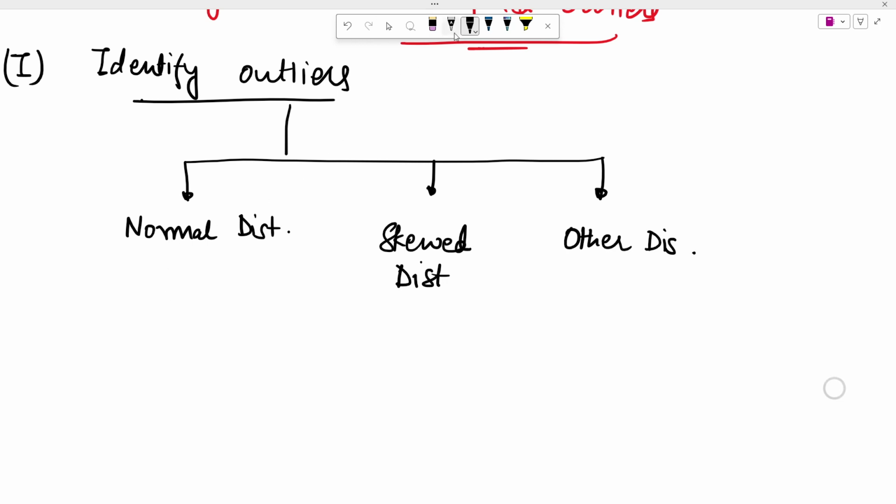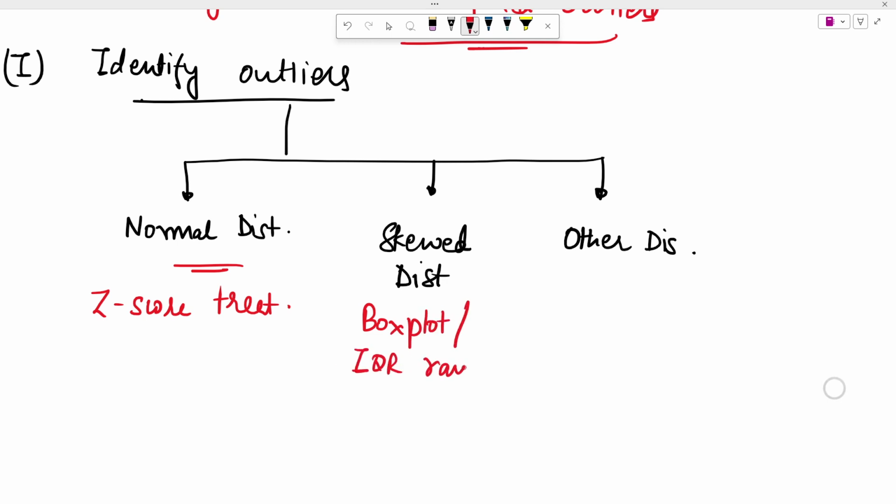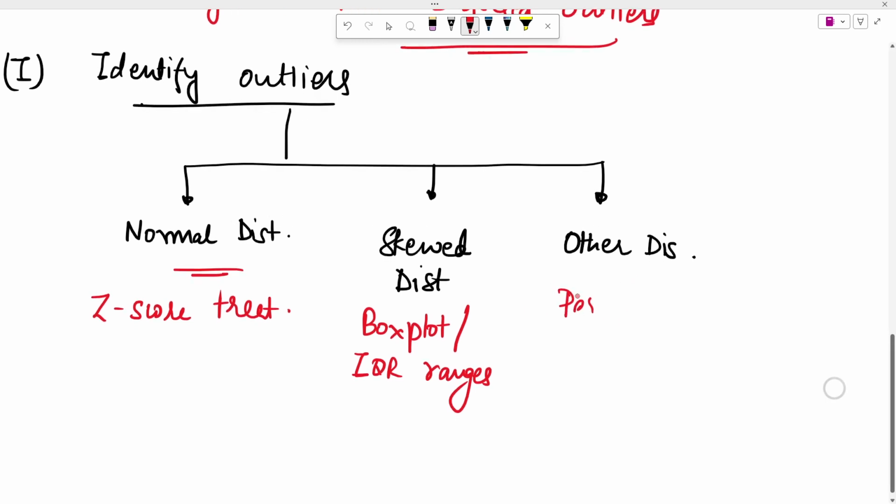Generally, for normal distribution, we use z-score treatment. For skewed distributions, we use box plots or IQR ranges to identify outliers. And for any other distributions, we use the percentile based approach. Let's understand each in detail.